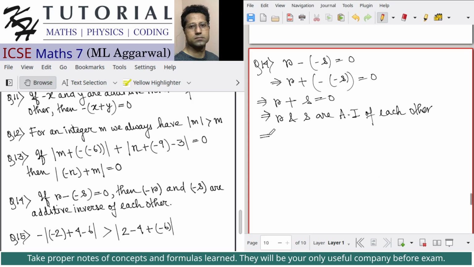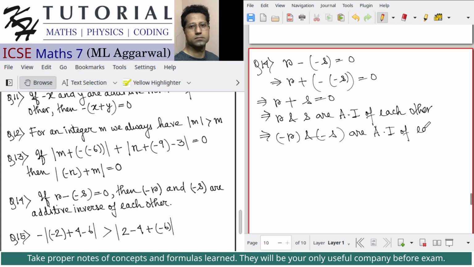This is also another good concept: if two integers r and s are additive inverse of each other, this will also imply that negative of r and negative of s are additive inverse of each other.